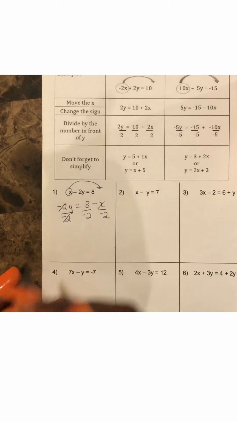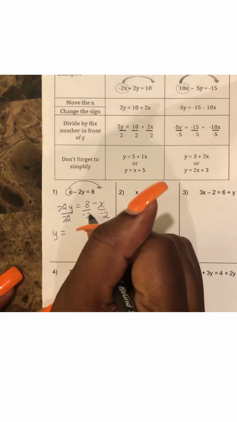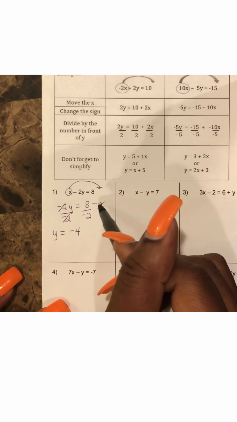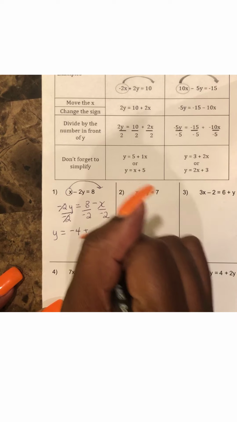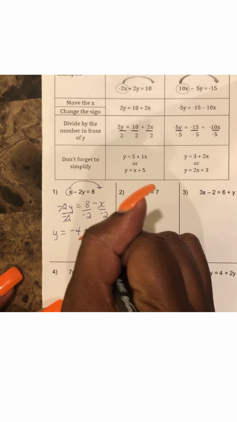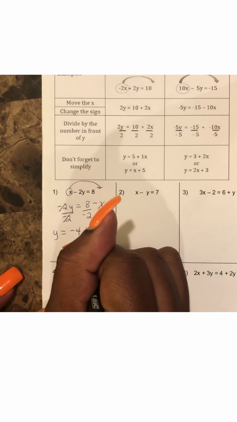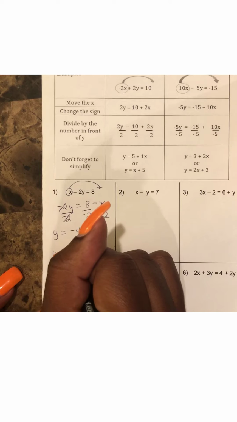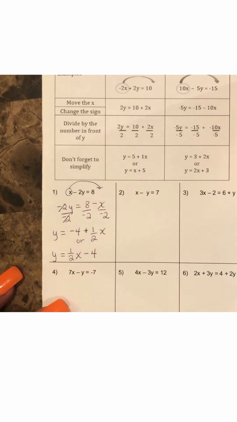So our two negative 2's cancel out, and we have y equals 8 divided by negative 2 is negative 4. And remember, a negative and a negative will make this a positive 1 over 2x. Or we could write it as y equals 1 over 2x minus 4.